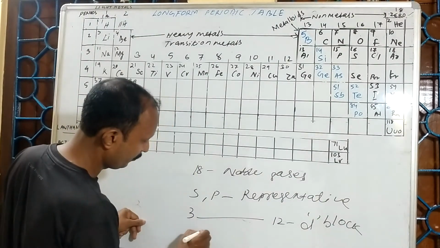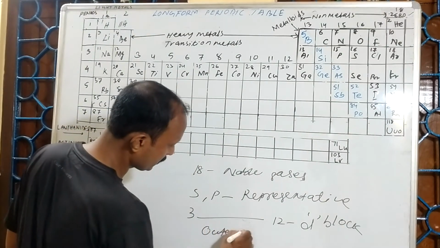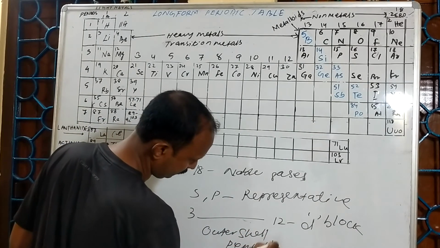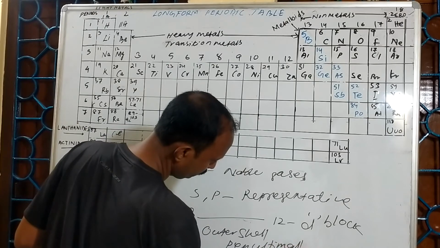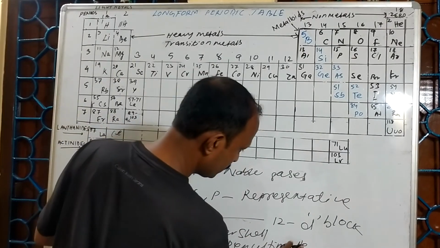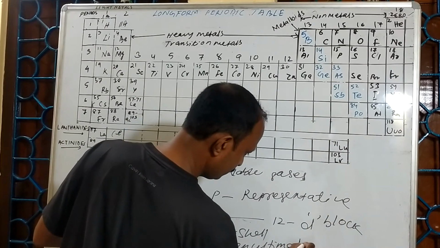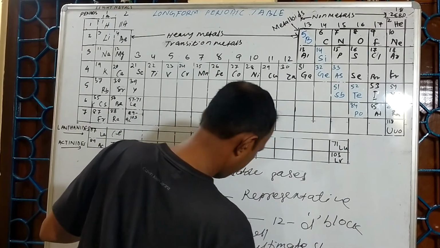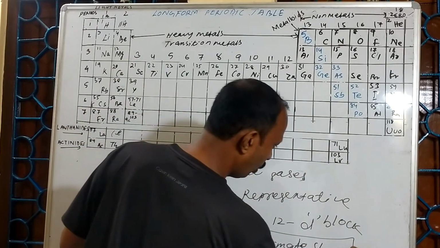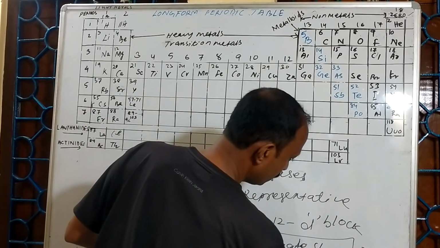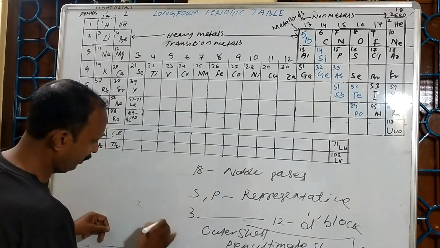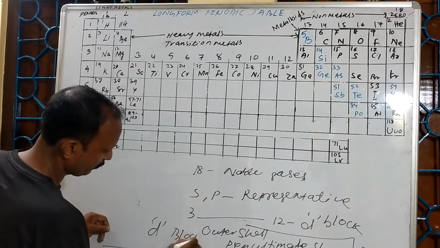There are two shells. One is the outer shell, another one is the penultimate shell, the next to the outer shell, just before the outer shell. So the outer shell and penultimate shell both are incomplete for D block elements.